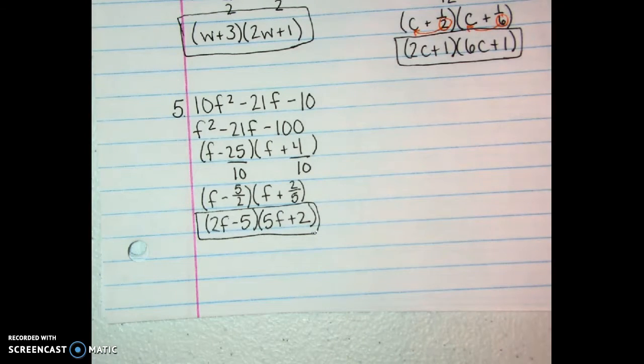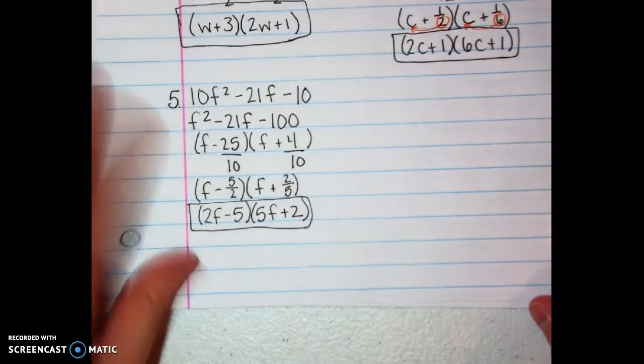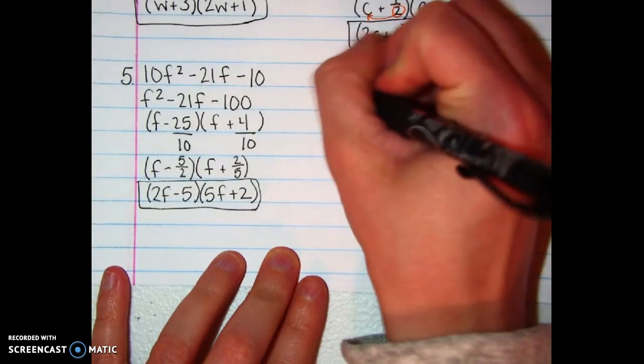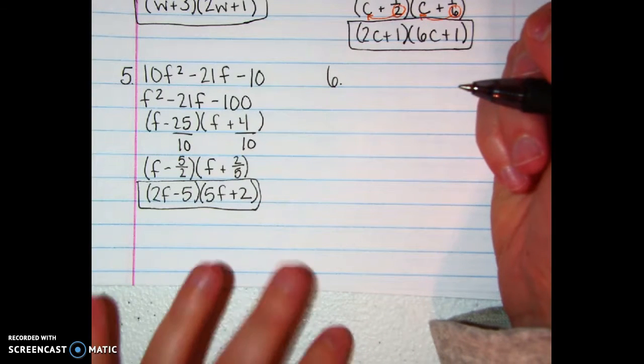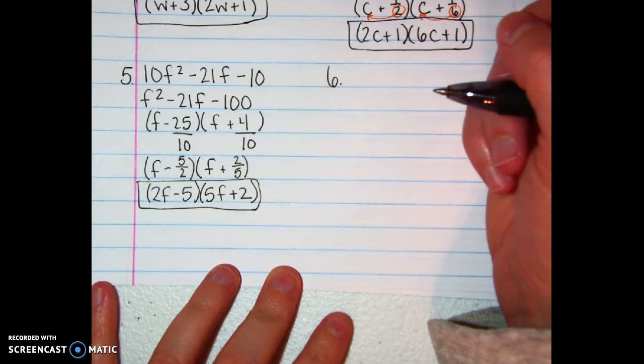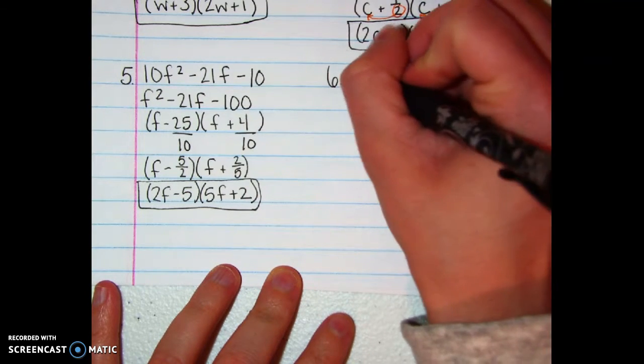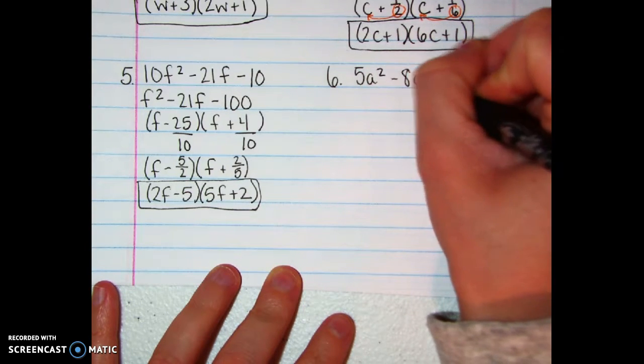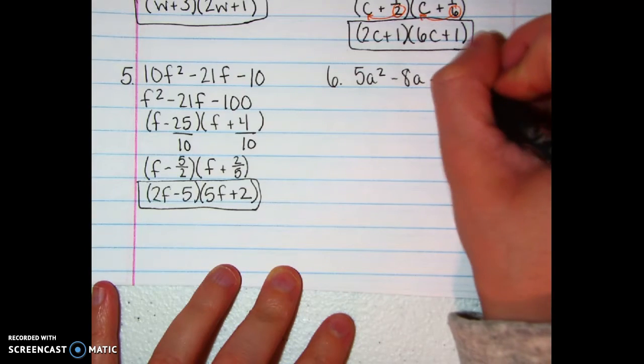And there's that. I want you to try one more on your own, and then you can begin your assignment. So the last one I'm going to have you do with me is 5a squared minus 8a minus 4.